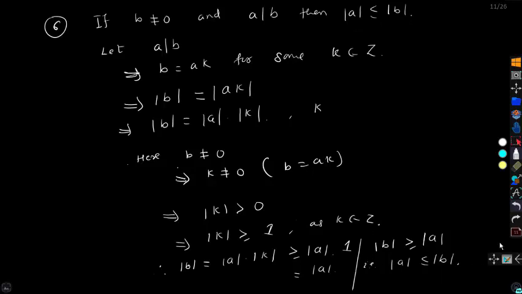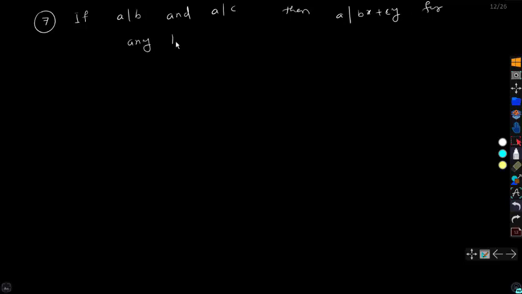Let us see the proof of the last part, the seventh part of the theorem. Part 7: if A divides B and A divides C, then A divides Bx plus Cy for any two integers X and Y. Proof.